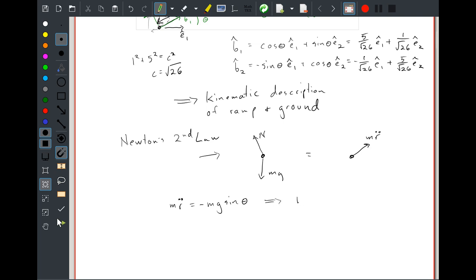And what I did was say that the sum of the forces dotted in my B1 direction is equal to my mass times acceleration dotted with that B1 direction, so along that ramp. This gives me an equation of motion that r double dot is negative g sine theta.